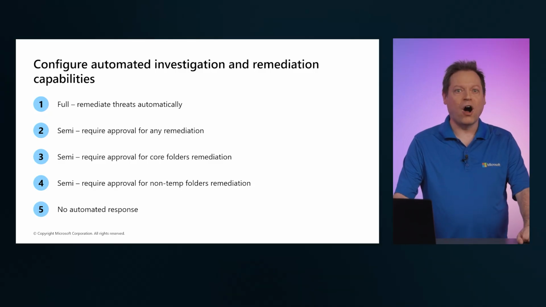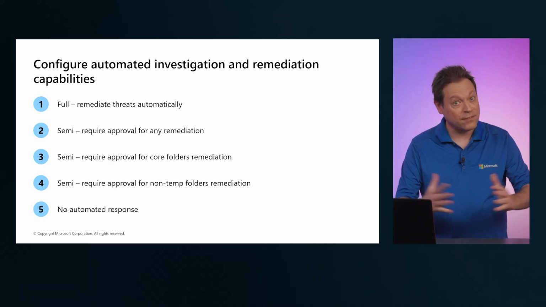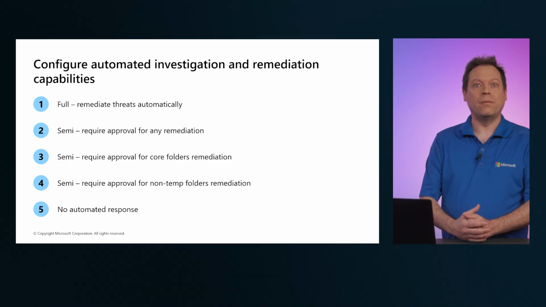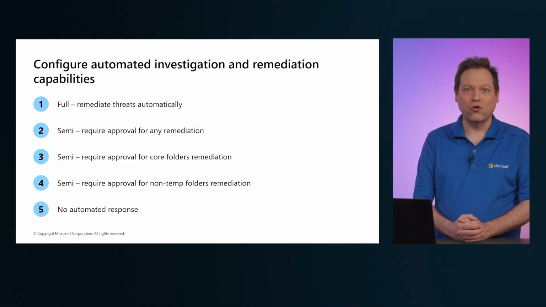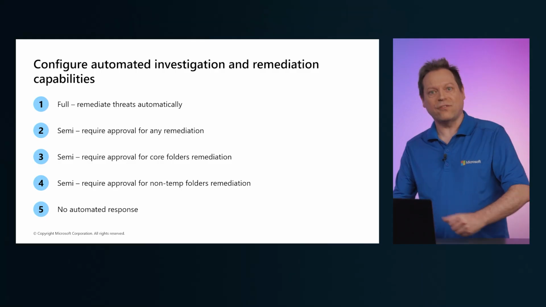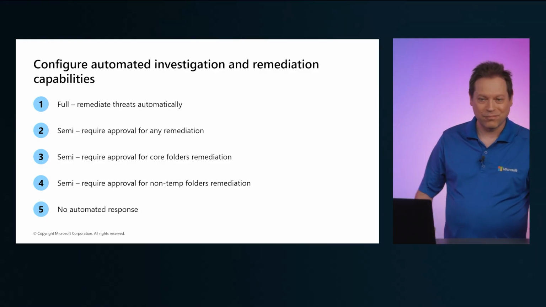If you want no automated response, you can also set a level that disables automated remediation actions. These settings are often applied by device group, so you can be more aggressive where appropriate and more cautious on sensitive systems.